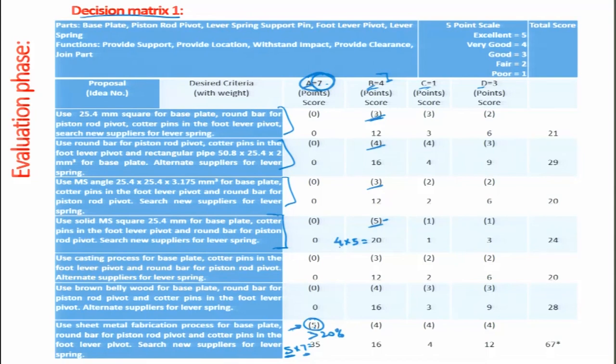All these values are summed up: 0 plus 20 plus 1 plus 3 is equal to 24. This is the highest score, obtained by the idea use sheet metal fabrication. So this is the idea that is selected to be taken to the further development and implementation phase.